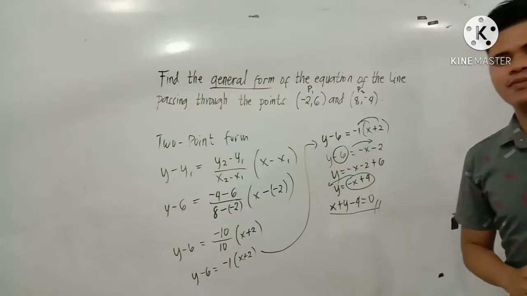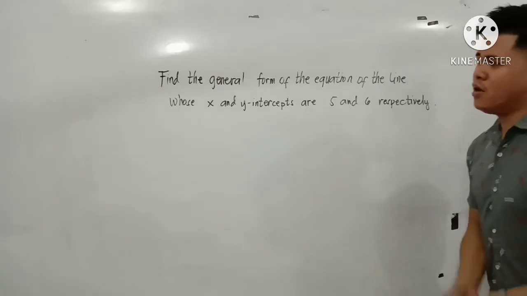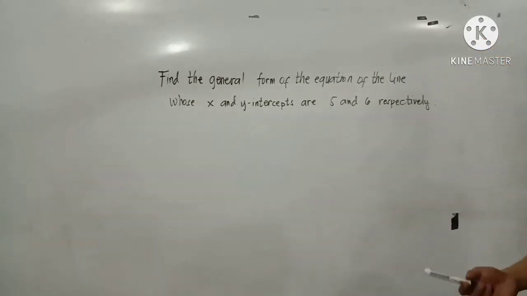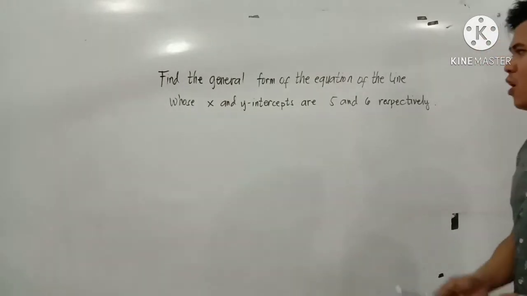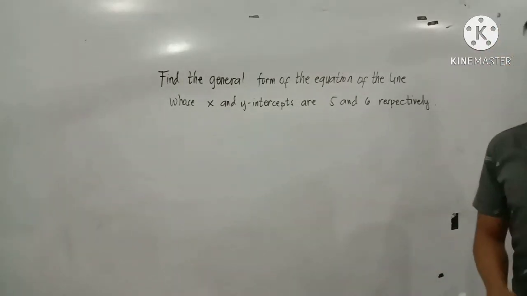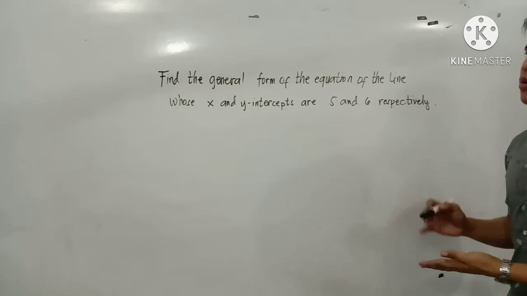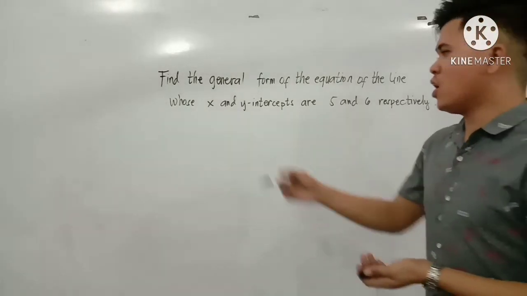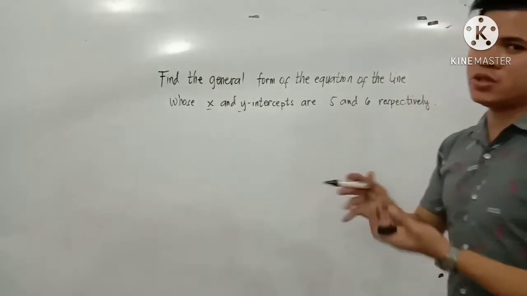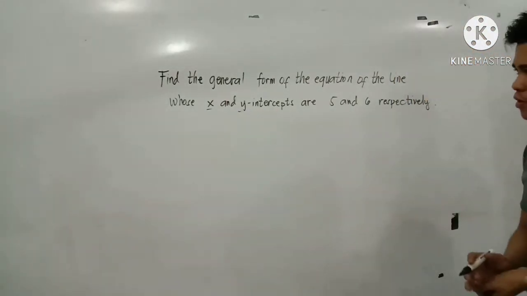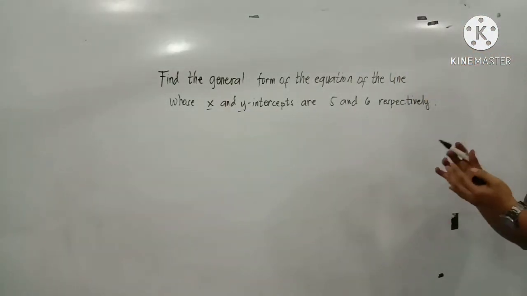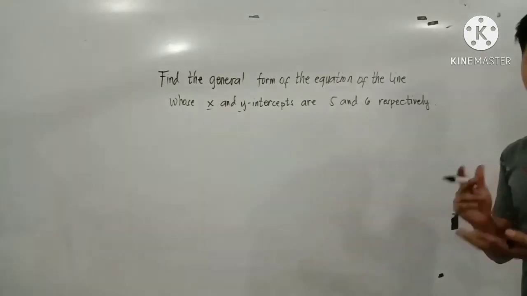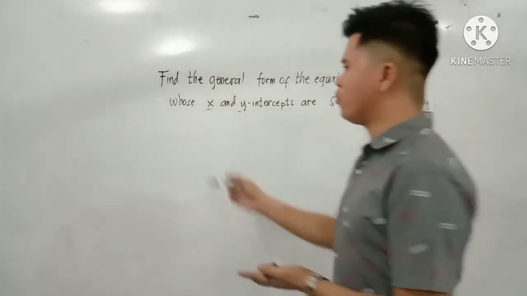Another example. Let's say, find the general form of the equation of the line whose x and y intercepts are 5 and 6 respectively. So now, in this problem, the given are the intercepts, meaning the x and y intercepts of the line. Since the given are the intercepts, we can use the intercept form.